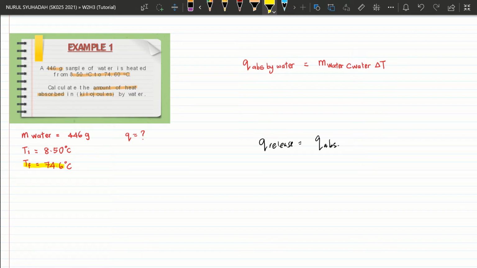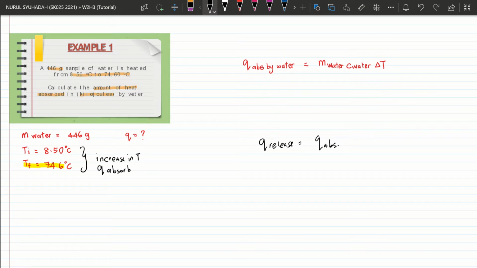Compare it with the initial temperature. What do you see? You see an increase in temperature. When you have an increase in temperature, this means that the reaction is heat absorbed.